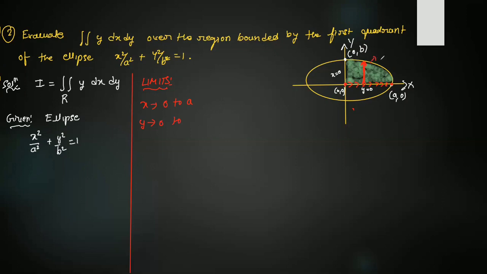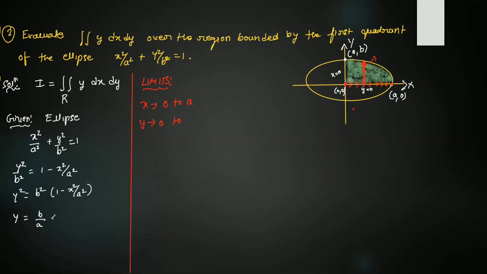What is the equation of the upper boundary? We have x square by a square plus y square by b square is equal to 1. But I want it in terms of y, so I will take all the terms to the other side. y square by b square is equal to 1 minus x square by a square. I'll take b square to the other side and take a square outside.